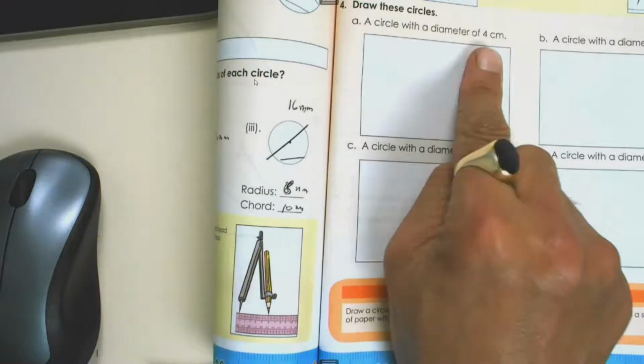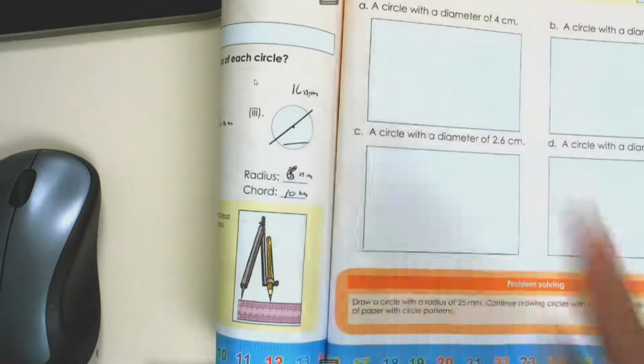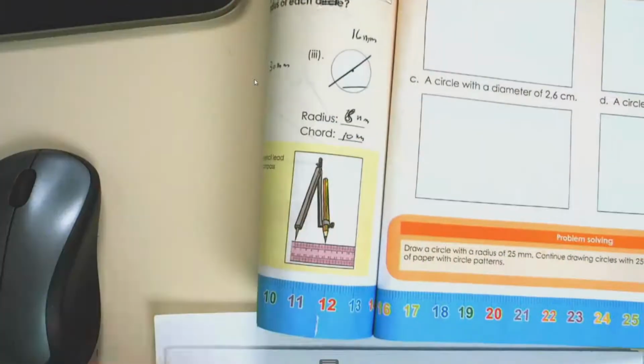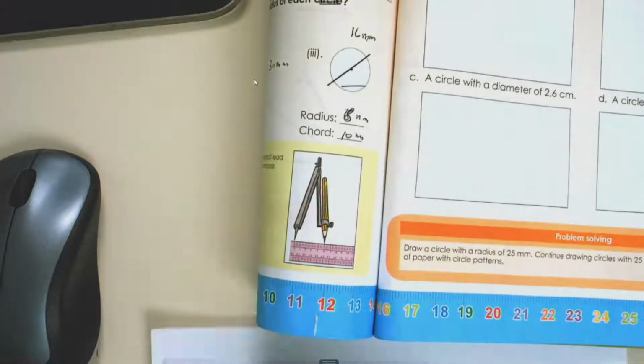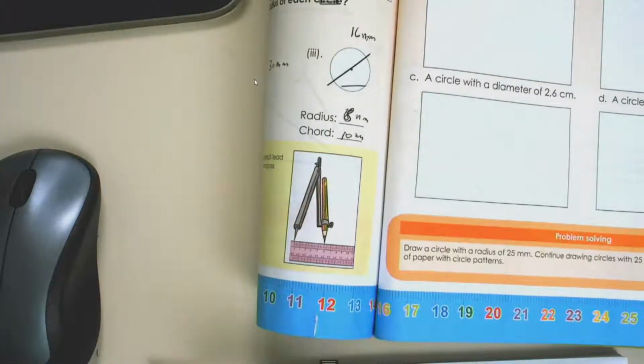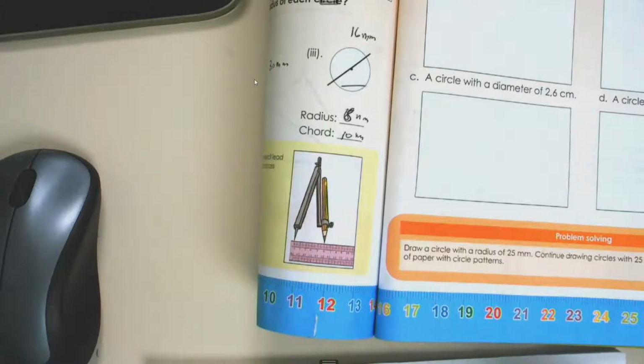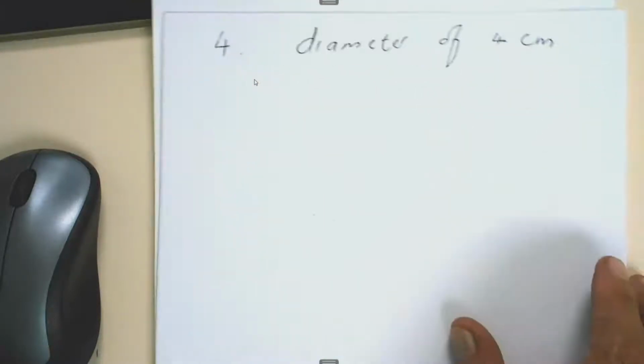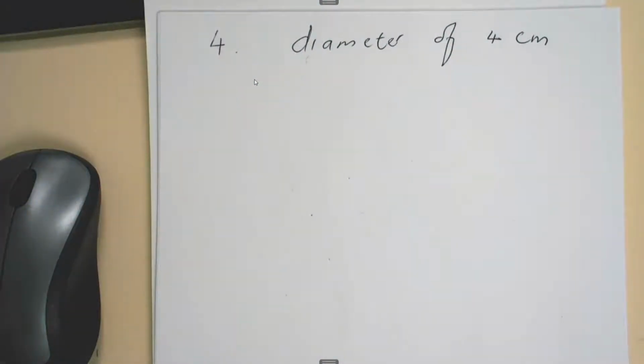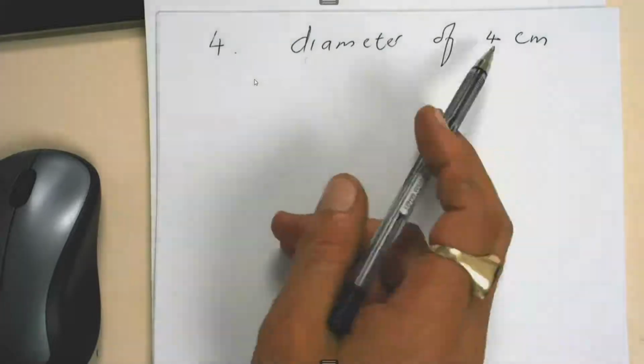We're going to draw a circle. Let me write it. We're going to draw a circle with a diameter of 4 centimeters. Yes, let's start by drawing it now. I'm going to draw the circle with a diameter of 4 centimeters.